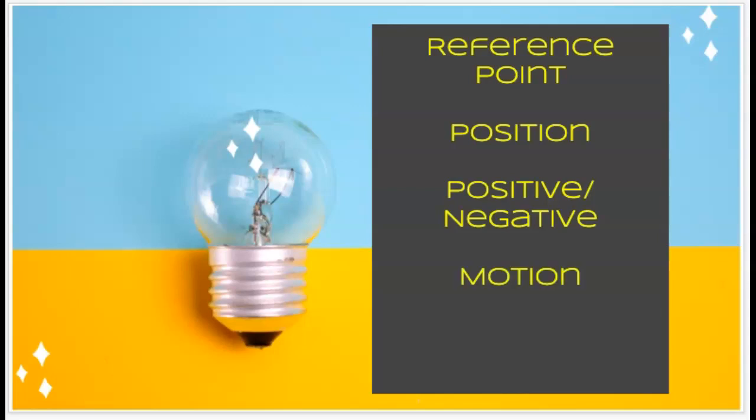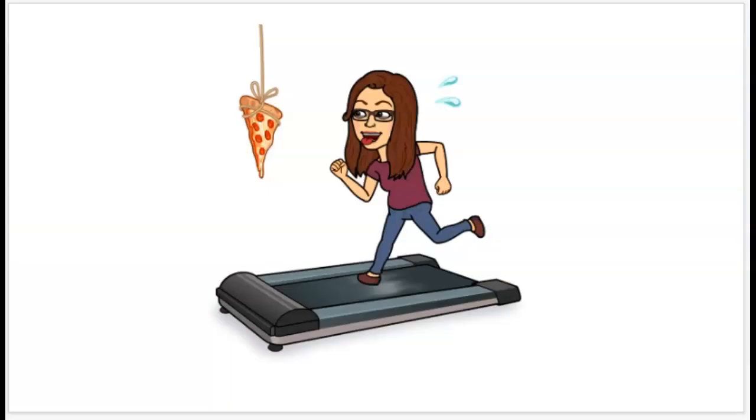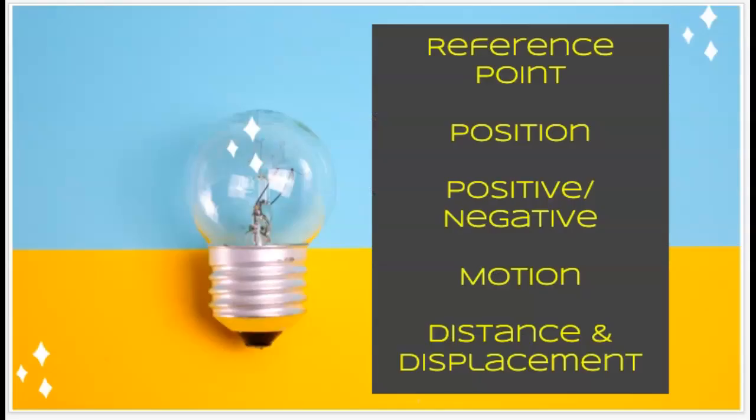We also talked about motion being a change in your position. And finally, we talked about how distance and displacement were different. You can go a long distance with 0 displacement. And that's my favorite example of that. So, just a reminder, these are all the things that we've talked about today.